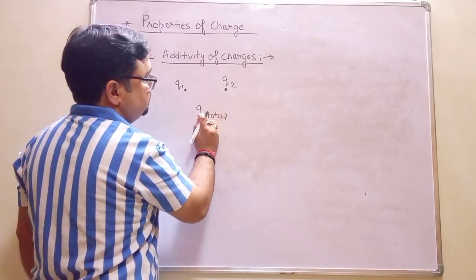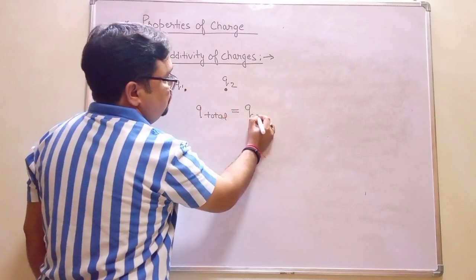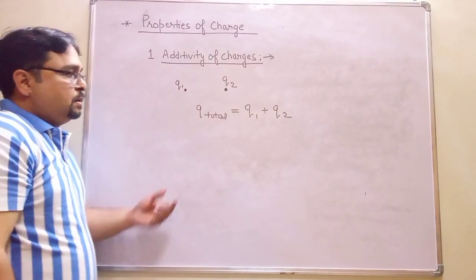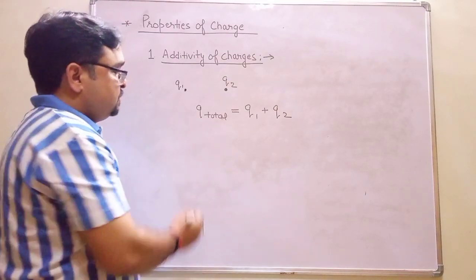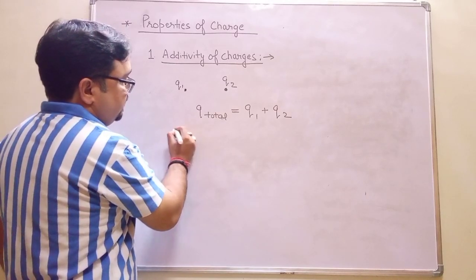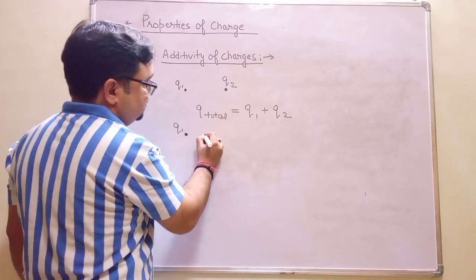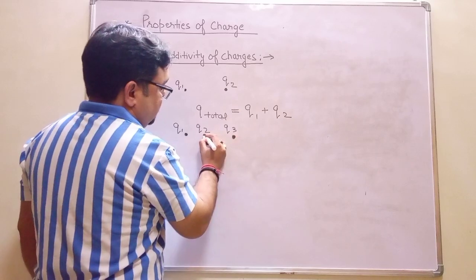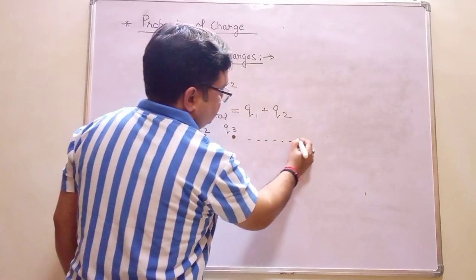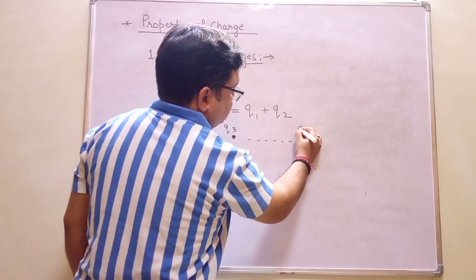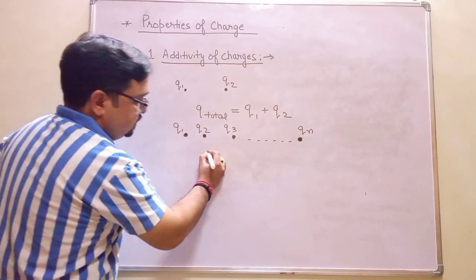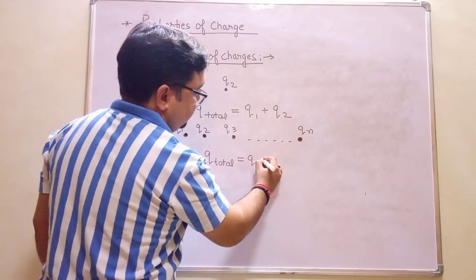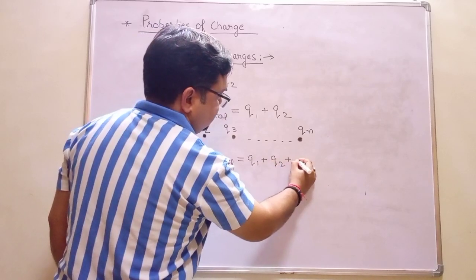So the total charge will be equal to the algebraic sum of these two charges. If we have more than 2 charges, let us say we have n number of charges, then to calculate the total, we can add all the n charges.